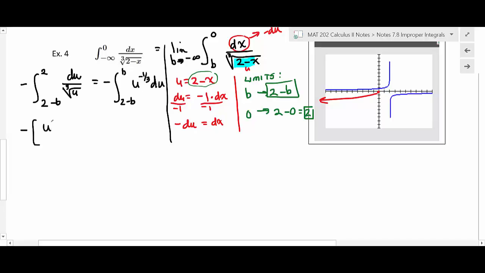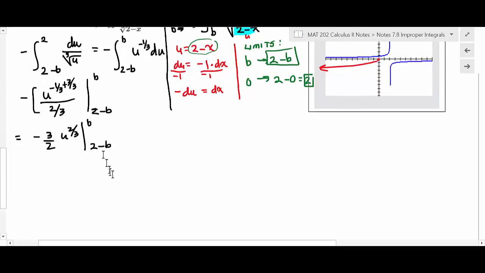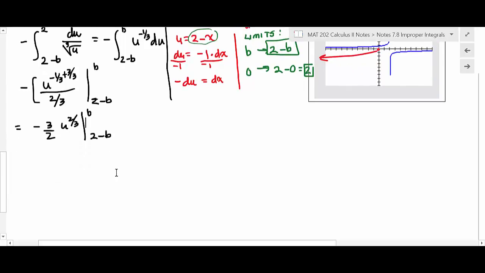That would be u to the negative 1/3 plus 1 over the result. You've done that enough that you probably can do it in your head by now. So that's going to be -3/2, because you're dividing, so you're multiplying by the reciprocal. And then that would be u to the 2/3, evaluated from 2 minus b to b. Now we're ready to go ahead and evaluate that integral. And then at the very end, we'll take the limit, and then we'll see what happens on this one.